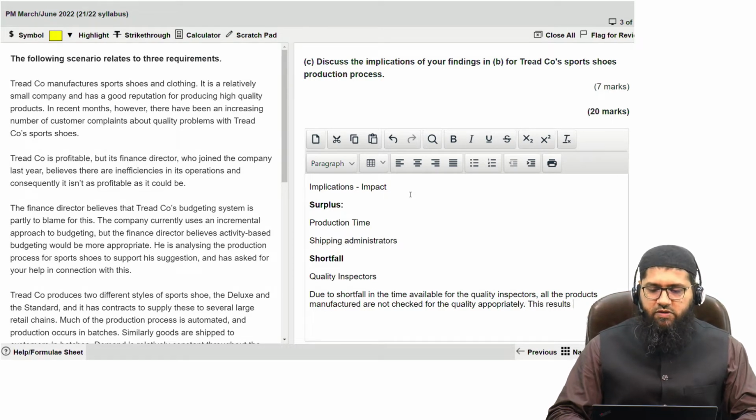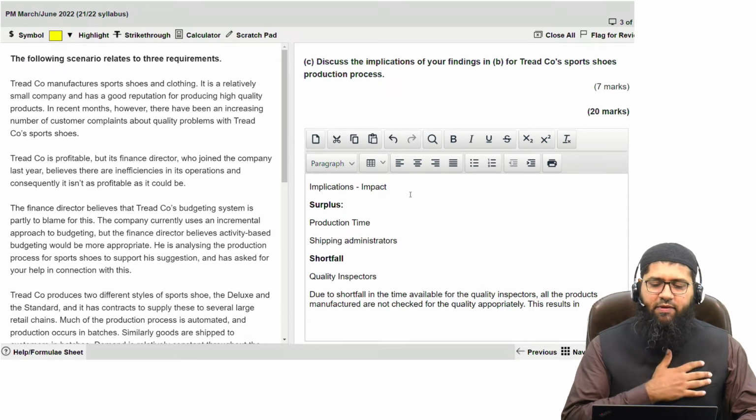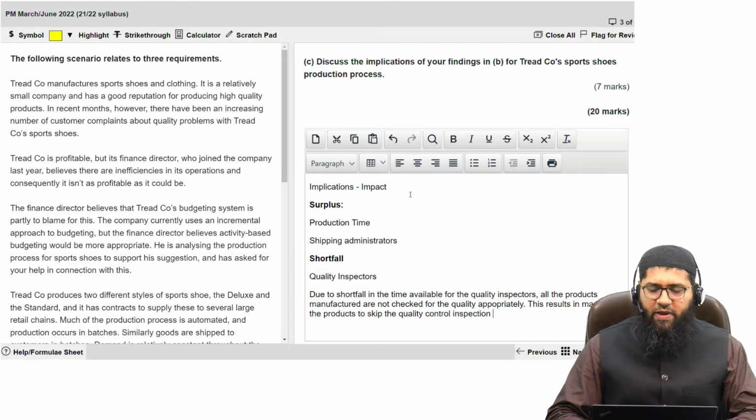This results in many of the products skipping the quality control inspection, and hence the poorer quality is passed on to the customer.